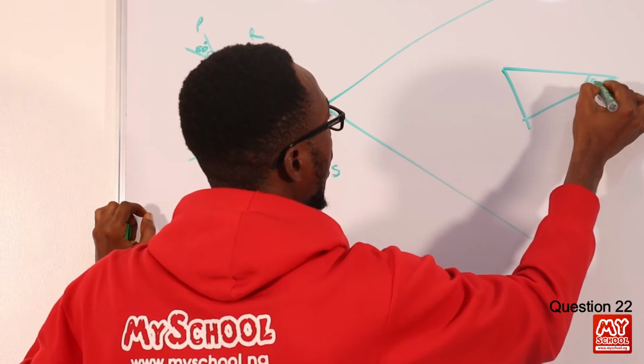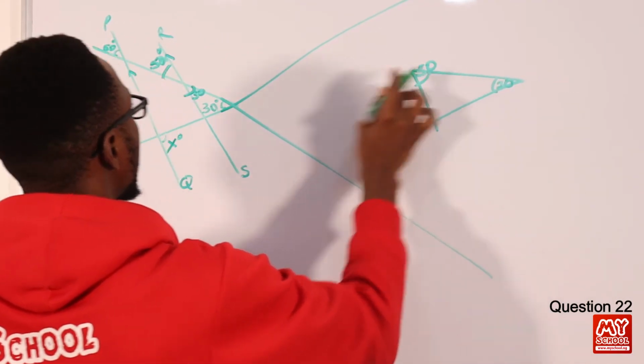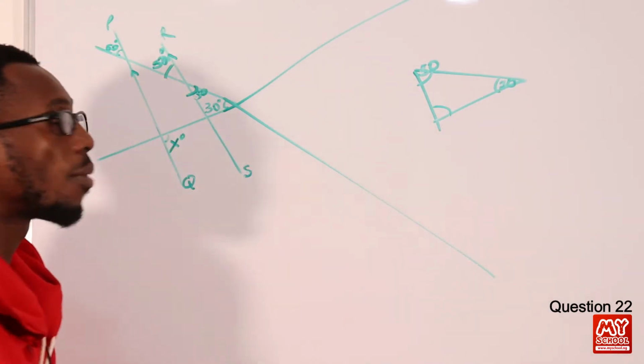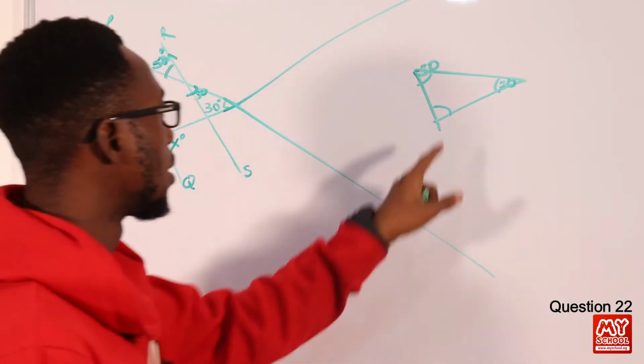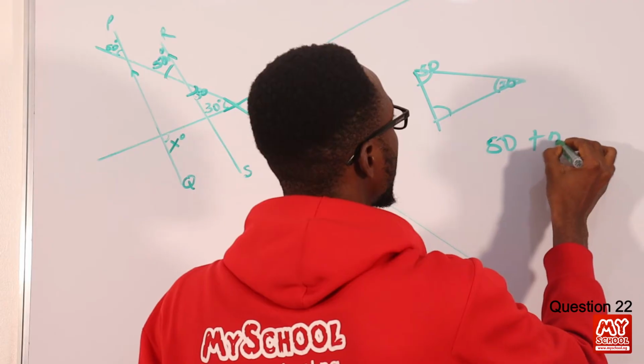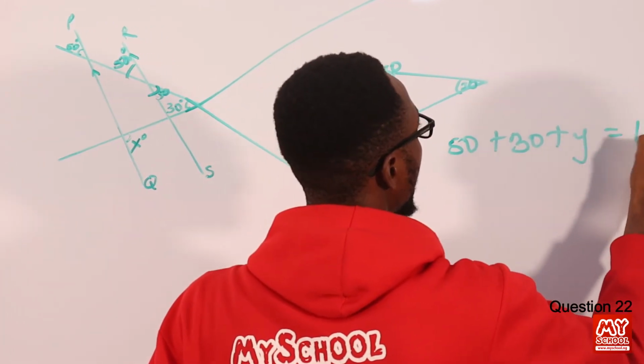I have 30 here, 30. Here I have 50, right? Then I have y here. So remember that the sum of angles in a triangle is actually 180. So that means 50 plus 30 plus the unknown equals 180.